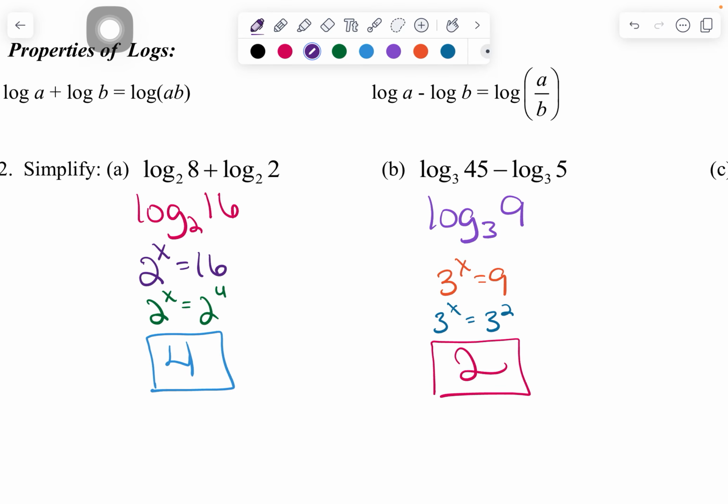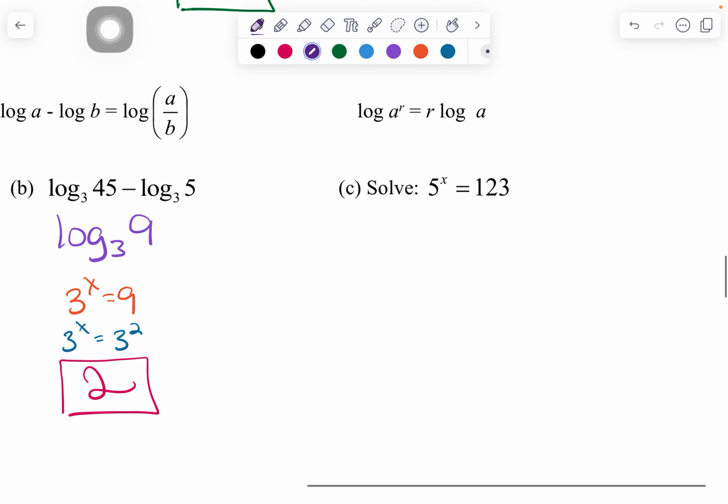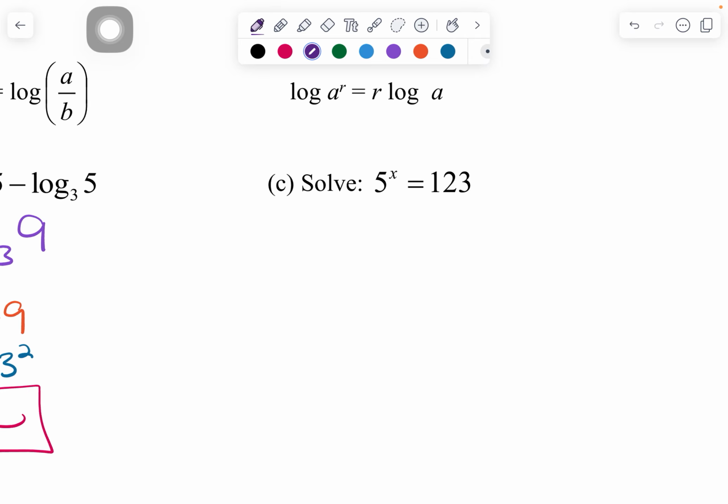All right. Now, the last property is probably the one that I find to be the most powerful property for logarithms. It looks a little bit weird, but you have a log with an argument that has an exponent. So you might see something like, let me give you an example here, log of 3 to the x. That's something you could possibly see.